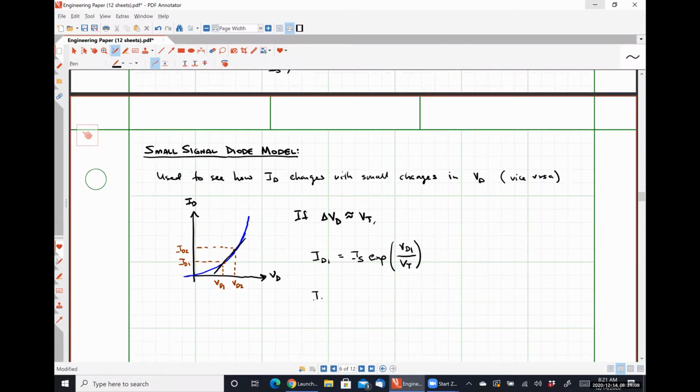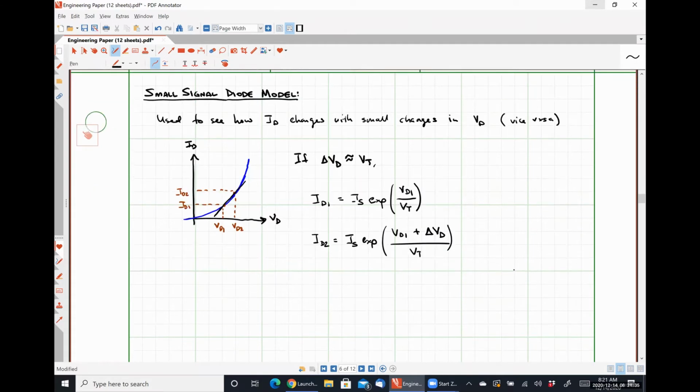We could see then that ID2 is simply IS times the exponential of VD1 plus delta VD, our change, divided by our thermal voltage.